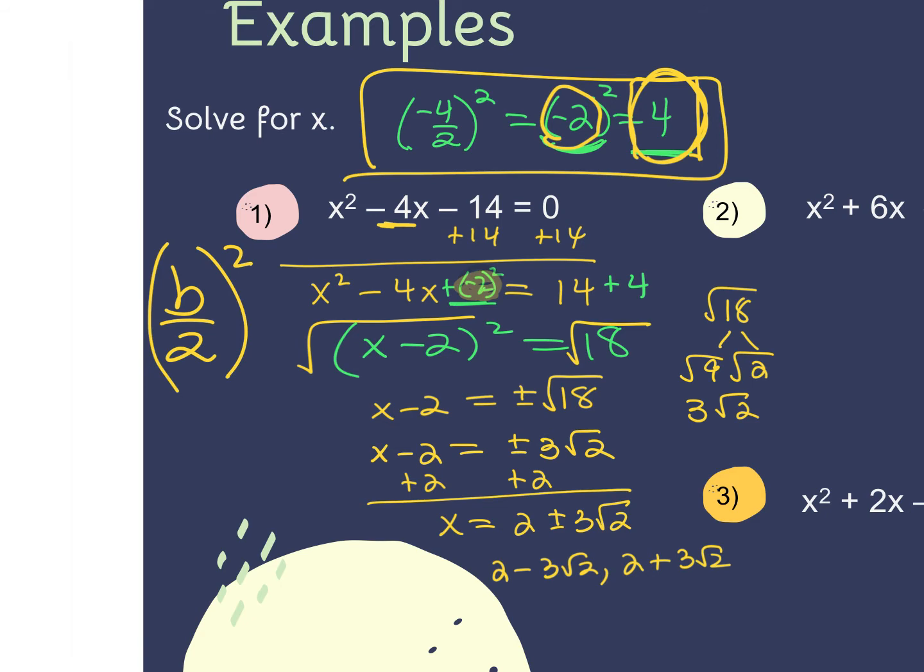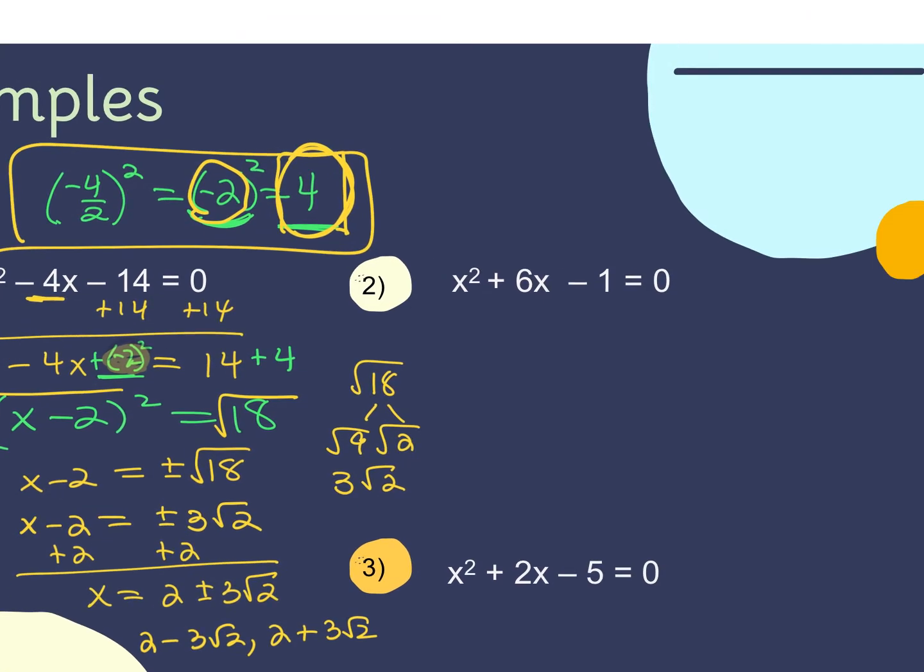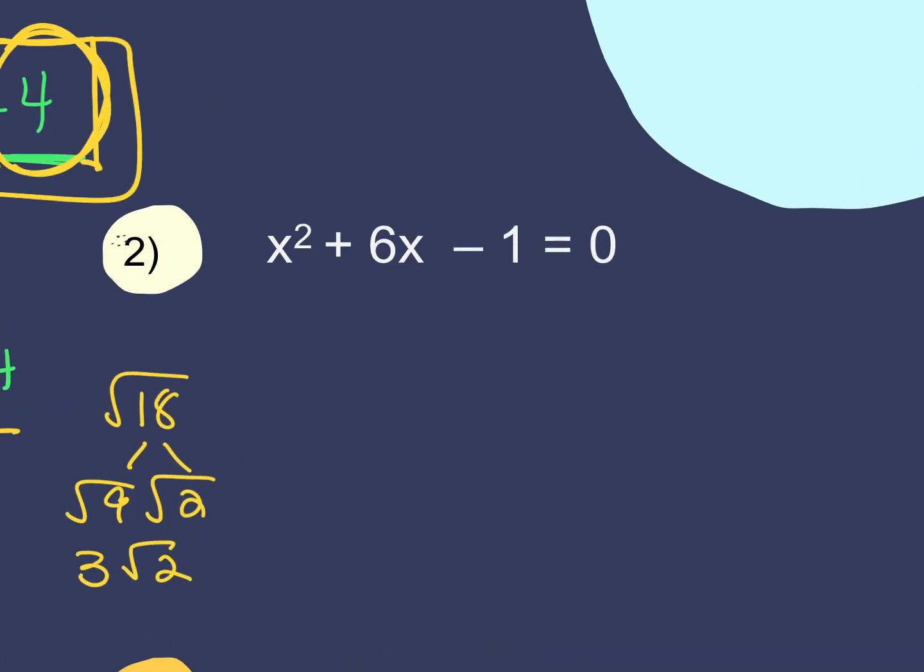Okay, let's try another one. Again, make sure that the number in front of x squared is a 1. It is. So the next thing I'm going to do is move the constant to the other side. So I'm going to add 1 to both sides. I get x squared plus 6x, leave a blank space, and then equals 1.